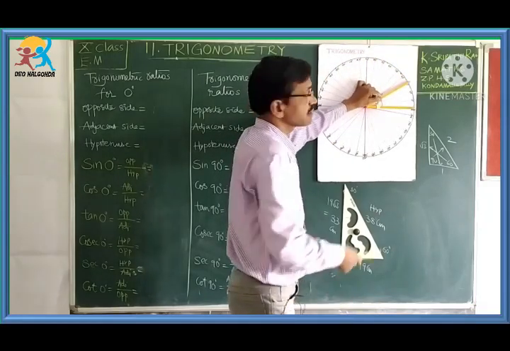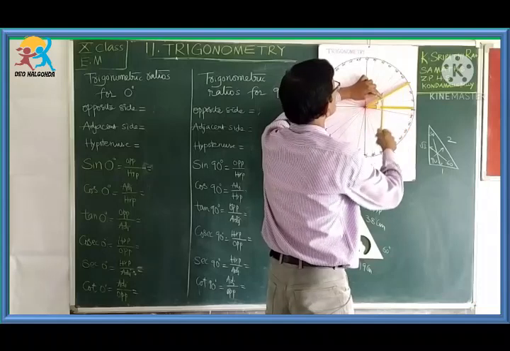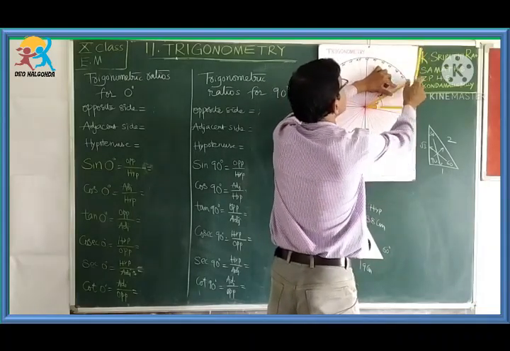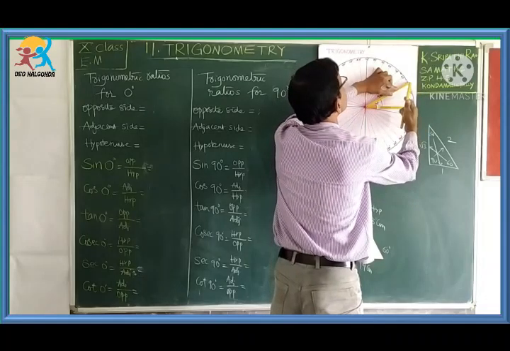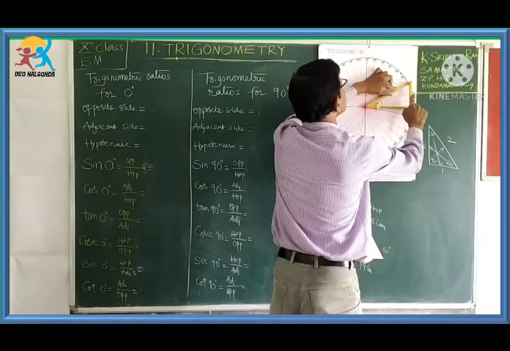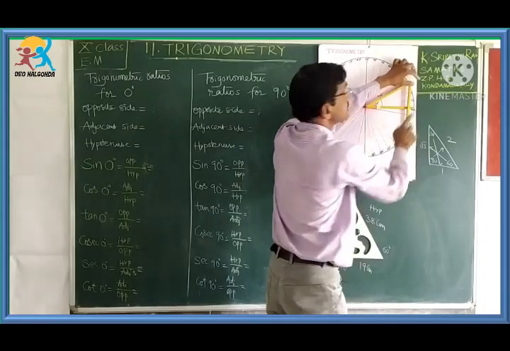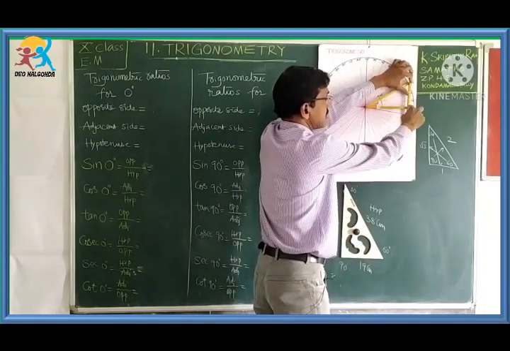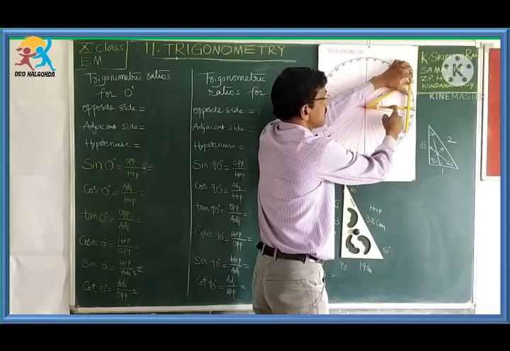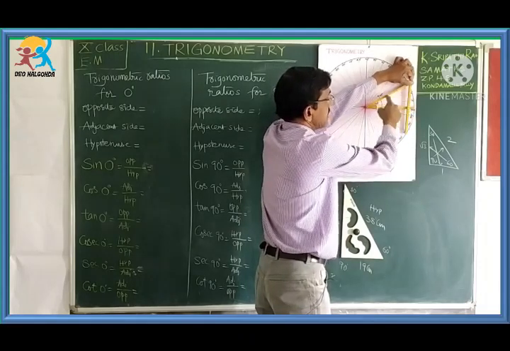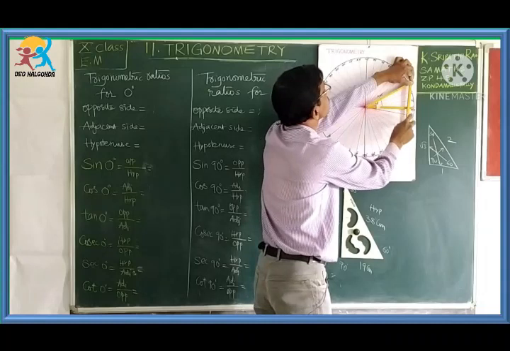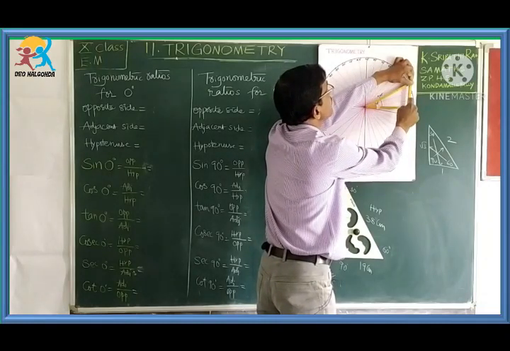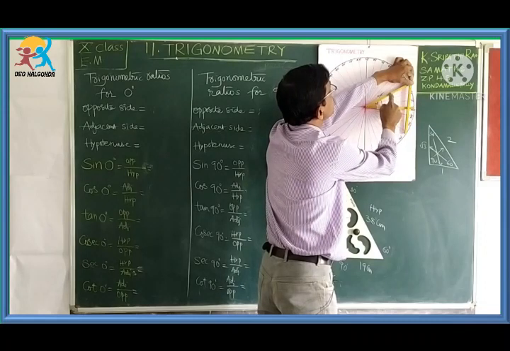After some rotation, let us find the projection of this ray at this point. We draw a perpendicular line to the x-axis like this, and we get a right angle triangle. This is called the opposite side, this is the adjacent side, and this is the hypotenuse. Here the opposite side is half of the hypotenuse.